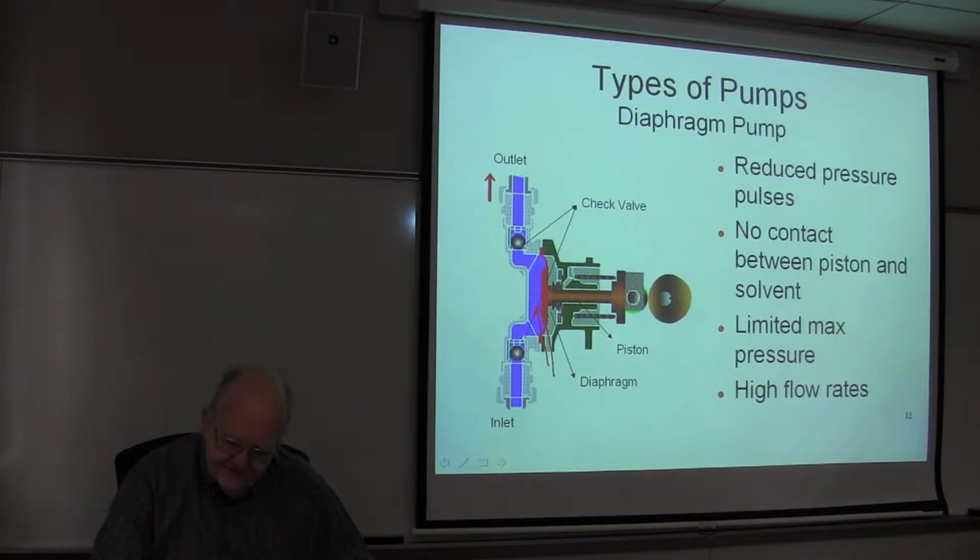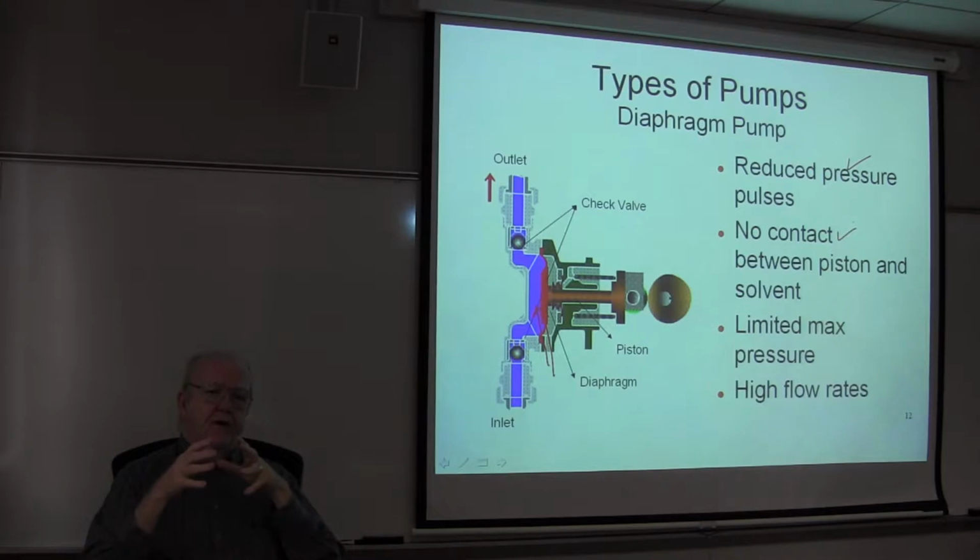The beauty of it is it's got lower pressure pulses because of the compliance of the oil that's behind the membrane. There's no contact between any moving parts other than the surface of the membrane and the fluid you're pumping. So they were chemically pretty inert. There's no seals like in a conventional piston pump.